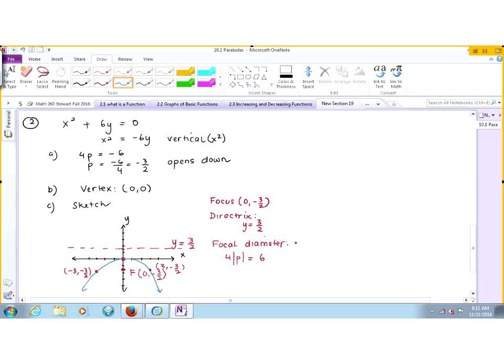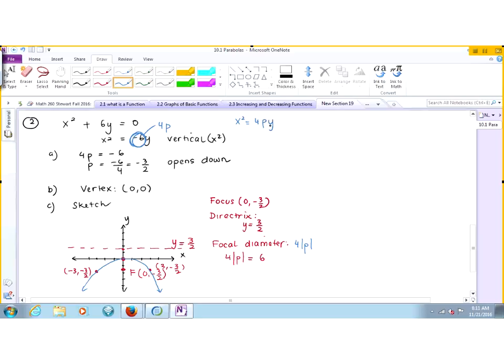How do I get the 6? The focal diameter is 4p, 4 absolute value of p, right? So this number right here is your focal diameter. This is your 4p. Remember, that's the formula. But you need the absolute value, so that's why it is positive. So this is the length of your focal diameter.